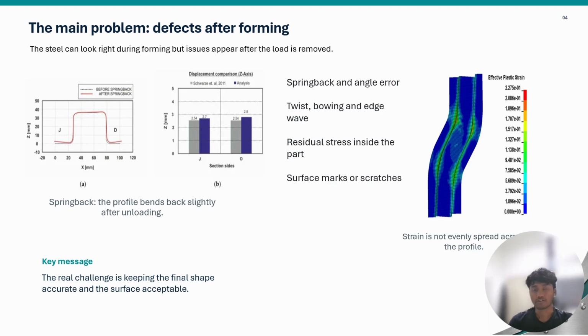The other defects include twist, bowing, shape errors, residual stress, and surface scratches. This happens because stress and strain are not evenly spread throughout the profile. So the key challenge is not only forming the steel but also keeping the final shape accurate and the surface acceptable for industrial use.